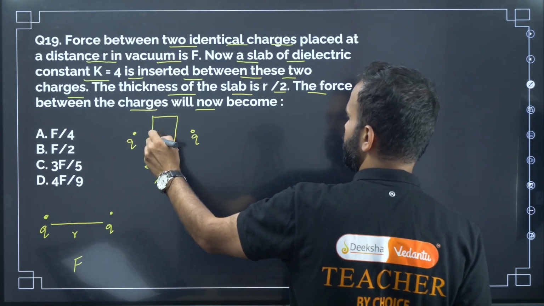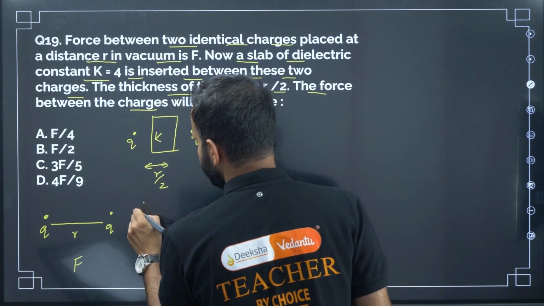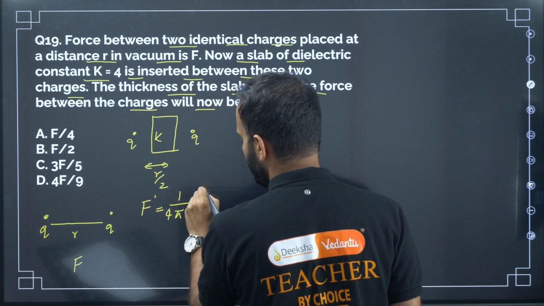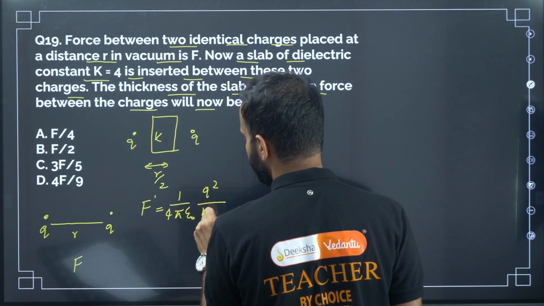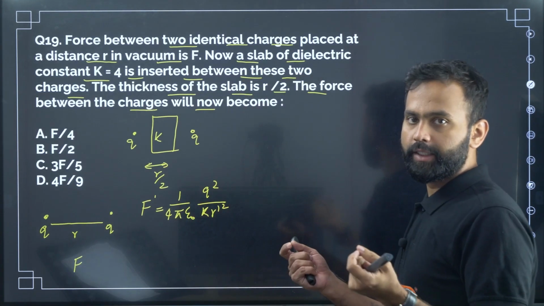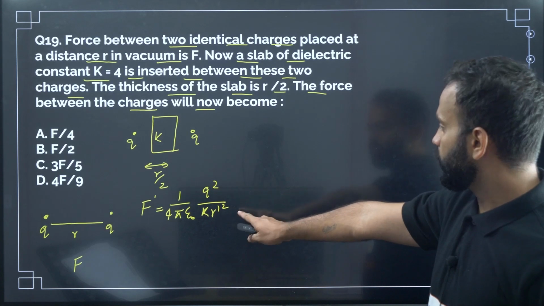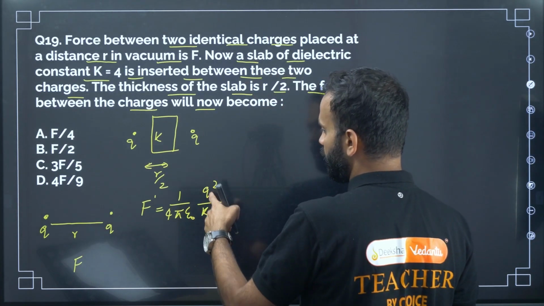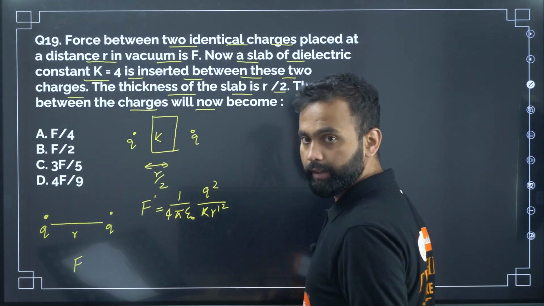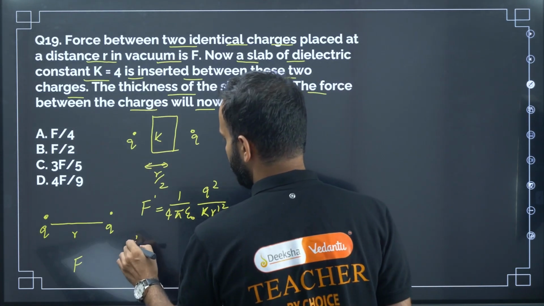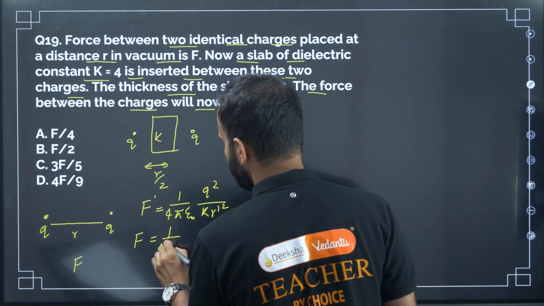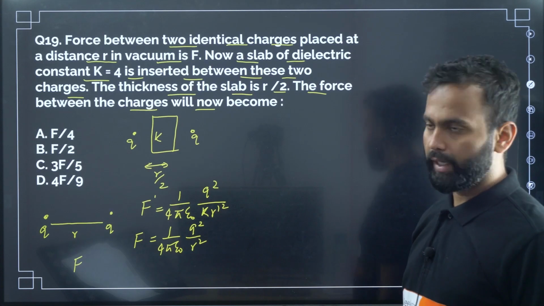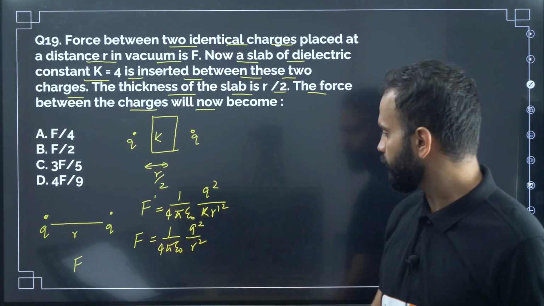So this is dielectric constant K. Now F dash is equal to 1 divided by 4 pi epsilon naught Q square divided by K into R dash square. If the force is the same, then the distance will differ. So F equals 1 divided by 4 pi epsilon naught Q square divided by R square when there is no dielectric. I have assumed that F dash is equal to F.